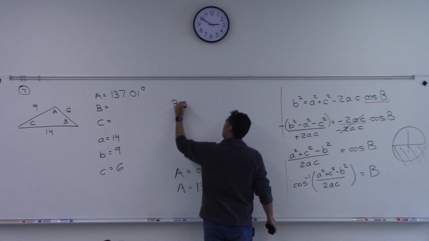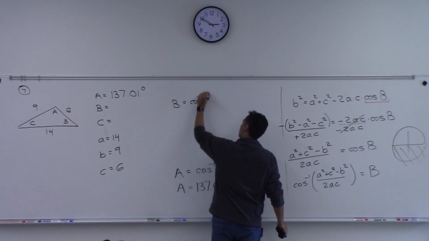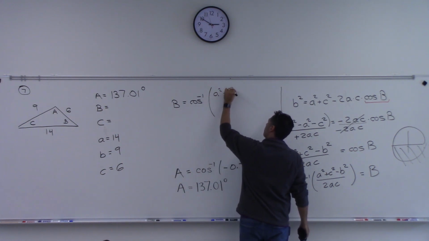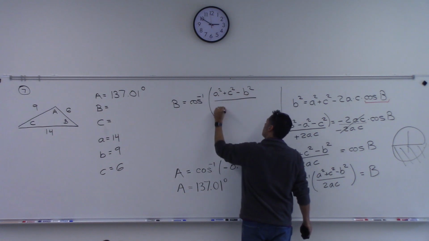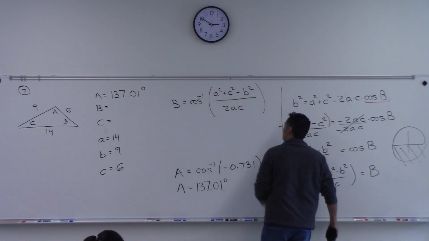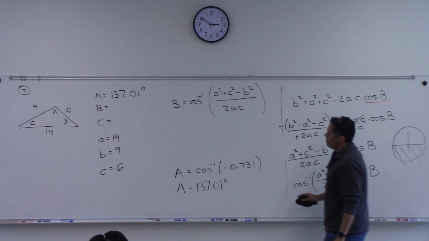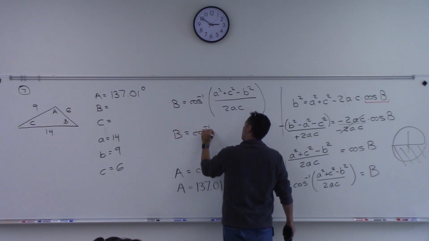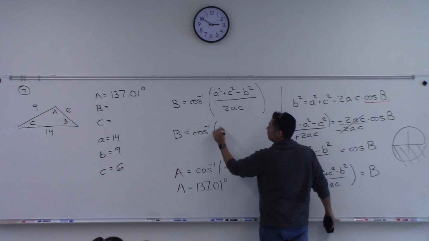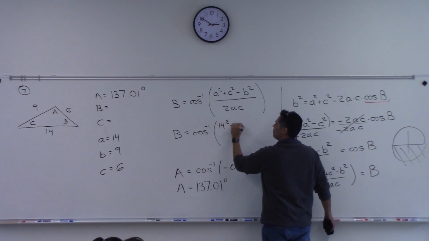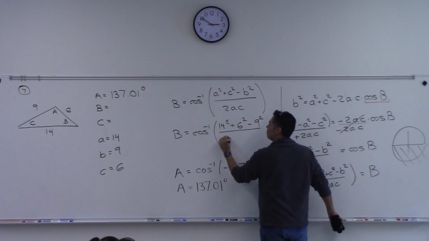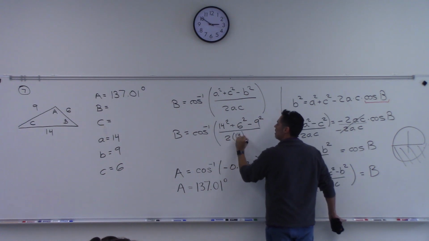Capital B is equal to cosine inverse of a squared plus c squared minus b squared over 2ac. So capital B is cosine inverse of 14 squared plus 6 squared minus 9 squared all over 2 times 14 times 6.